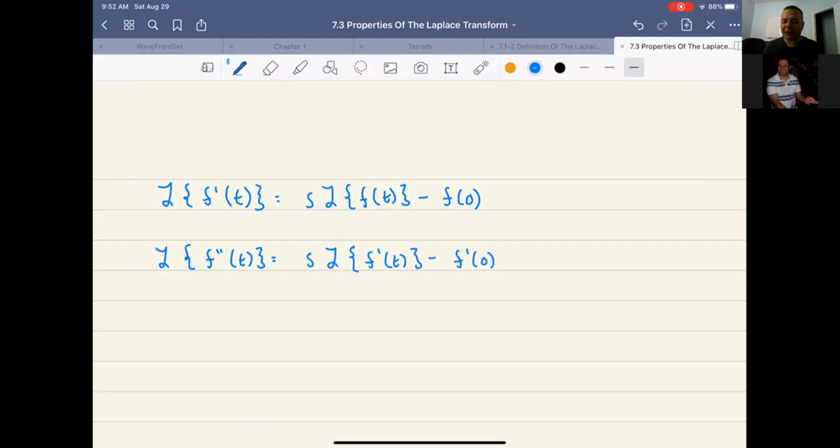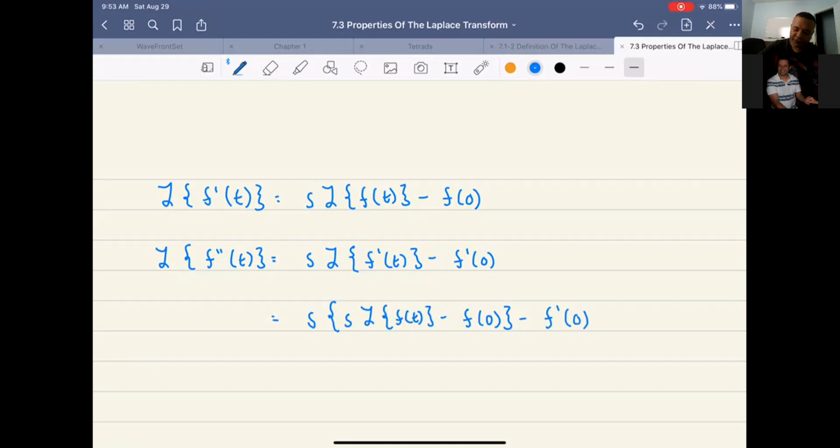Okay, now I can do the same thing. I actually know this thing because I have it right here, right? So s, let me put big parentheses around that. It's going to be s L of f of t minus f of 0 minus f prime of 0.